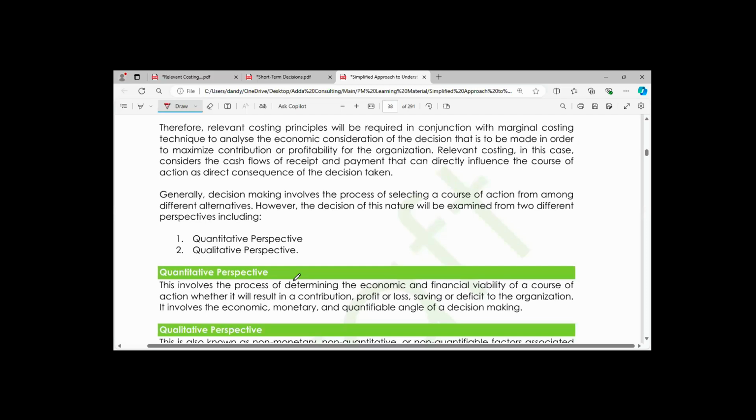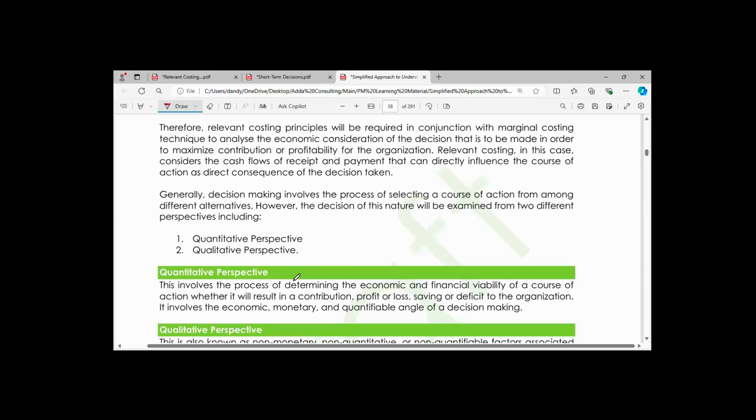You also need to take into consideration the qualitative factors. You have to do that even on the day of your exam, because economic analysis is not sufficient. You also need to consider the non-monetary angle of the decision before the final decision is taken.